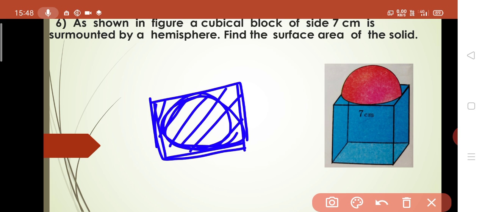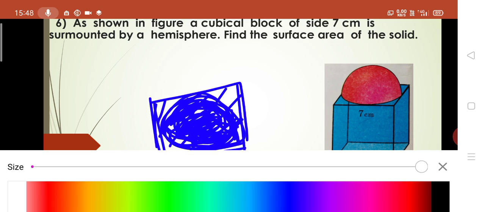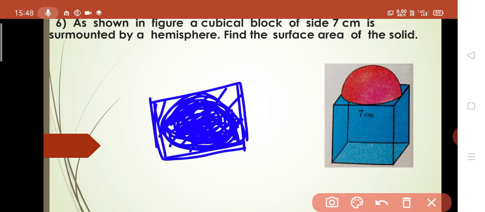This portion was covered with the hemisphere, so we don't want the area of this one. Understand? Only in the corner we have some area, in each corner. Only this area alone in the top portion we want. We don't want this area. Only this area alone in the 4 corners we want.